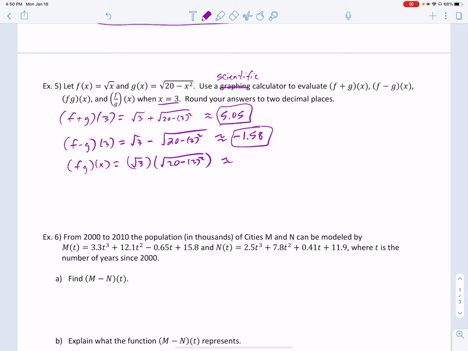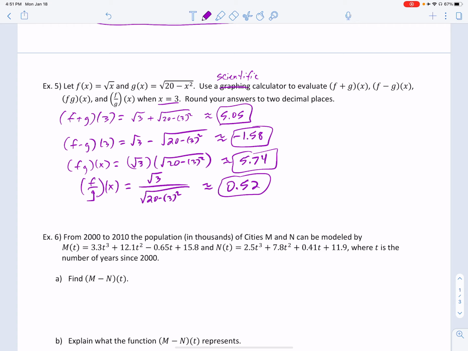And if you work that out, that comes out to 5.74. And lastly, we have f divided by g of x, which is going to be root 3 over the square root of 20 minus 3 squared. And if you put that in your calculator to 2 decimals, it should come out to 0.52. So just make sure that you can evaluate those on a calculator.